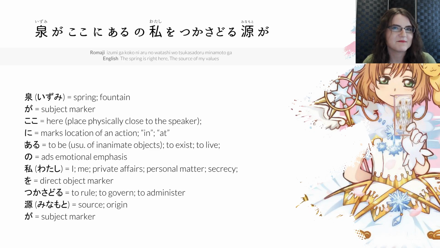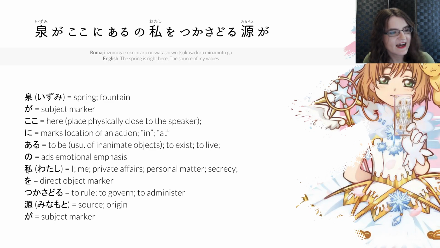And we don't know what zombies are. Zombies pose a grammatical issue in Japanese because they're both alive and dead. So it's like, which one do you use? It's a question. And then this no is adding emotional emphasis, just like an exclamation point, if you will. So here, a spring exists, essentially, is what we're saying.